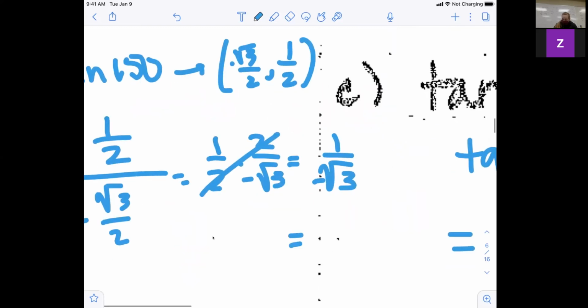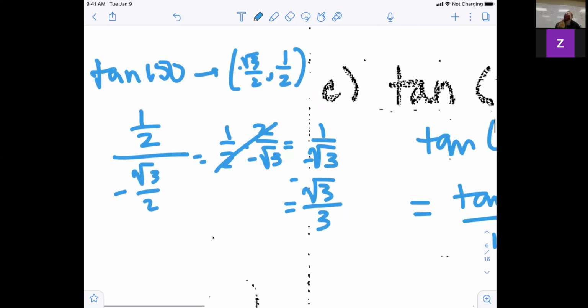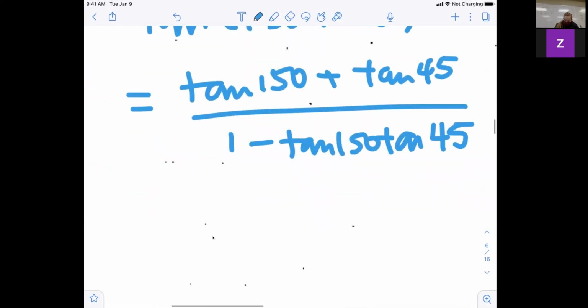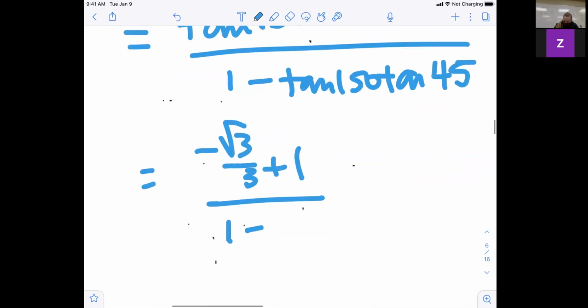But we know we have to rationalize it, so it's negative root 3 over 3. So I had to find that before I could solve, and then I do have to remember tangent of 45 is 1. So I'm going to plug 1 in for tangent of 45, and then negative root 3 over 3 for tangent of 150. So I get negative root 3 over 3 plus 1 over 1 minus negative root 3 over 3 times 1.